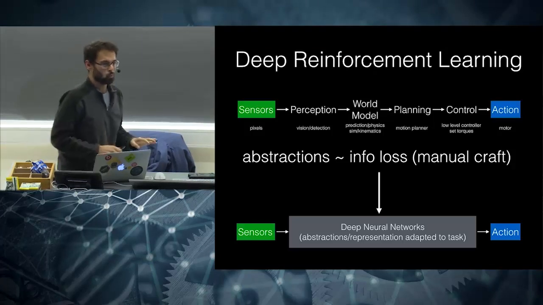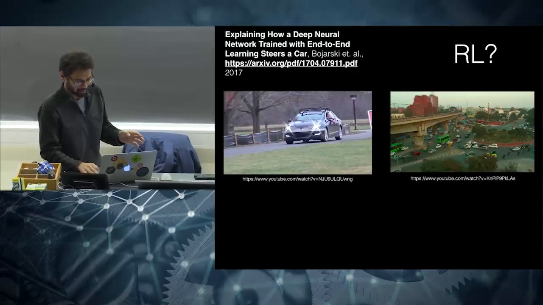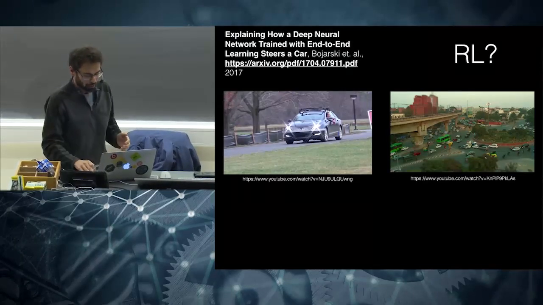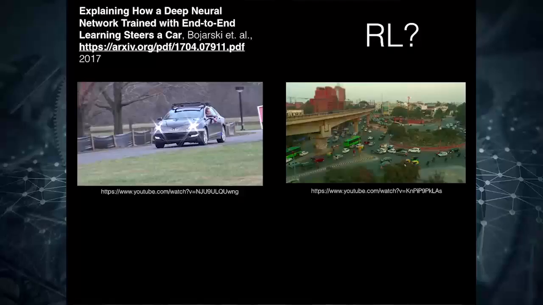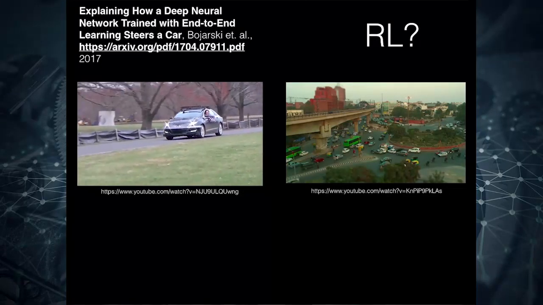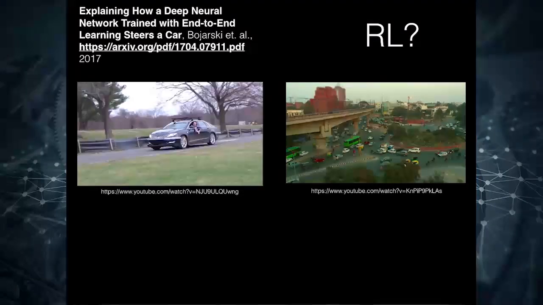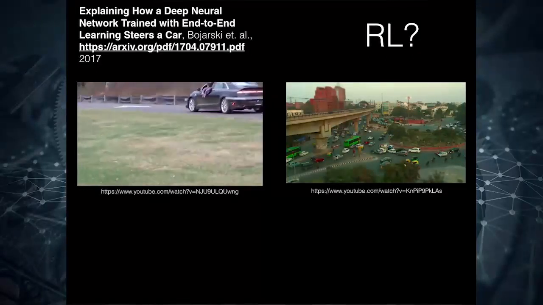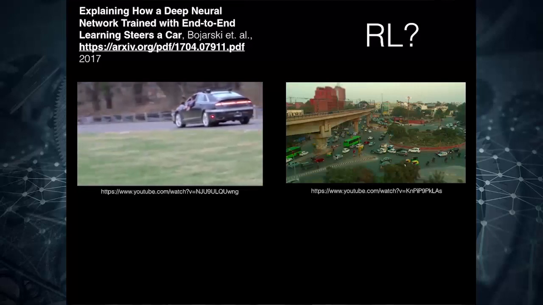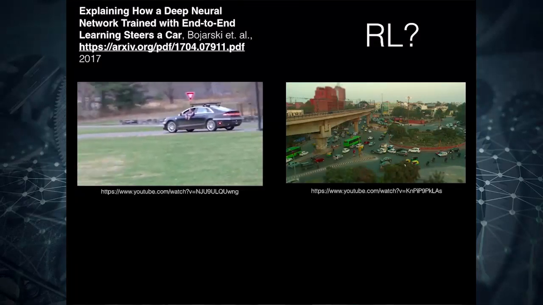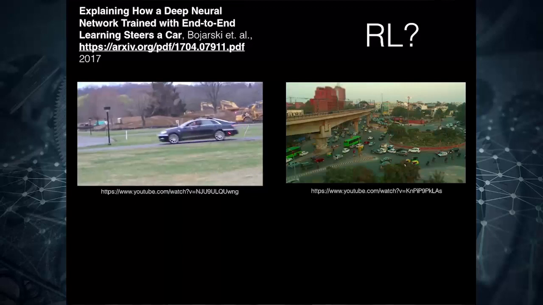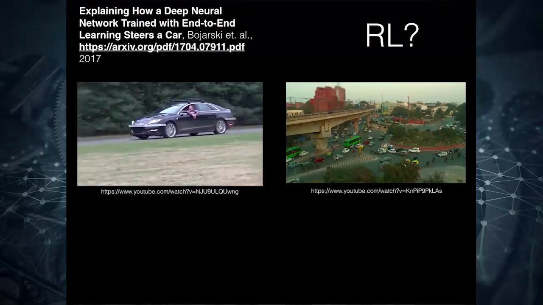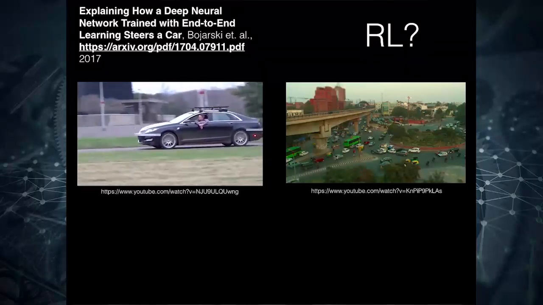Maybe you're also wondering, why do deep RL when perhaps deep learning itself, just supervised learning, can do a lot? For example, here, this is a car which was given data for every single image around this limited domain, which is essentially just a track.